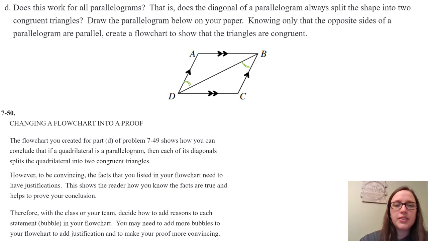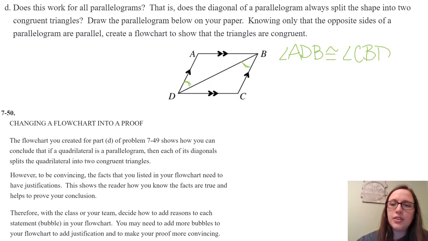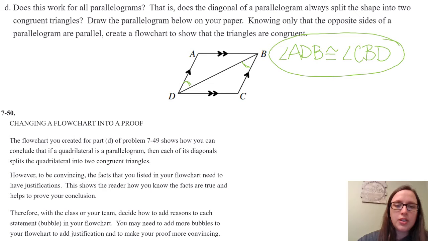I know that this angle, I'll write it over here, angle ADB is congruent to angle CBD. And we know that this alternate interior angle is congruent to that alternate interior angle.